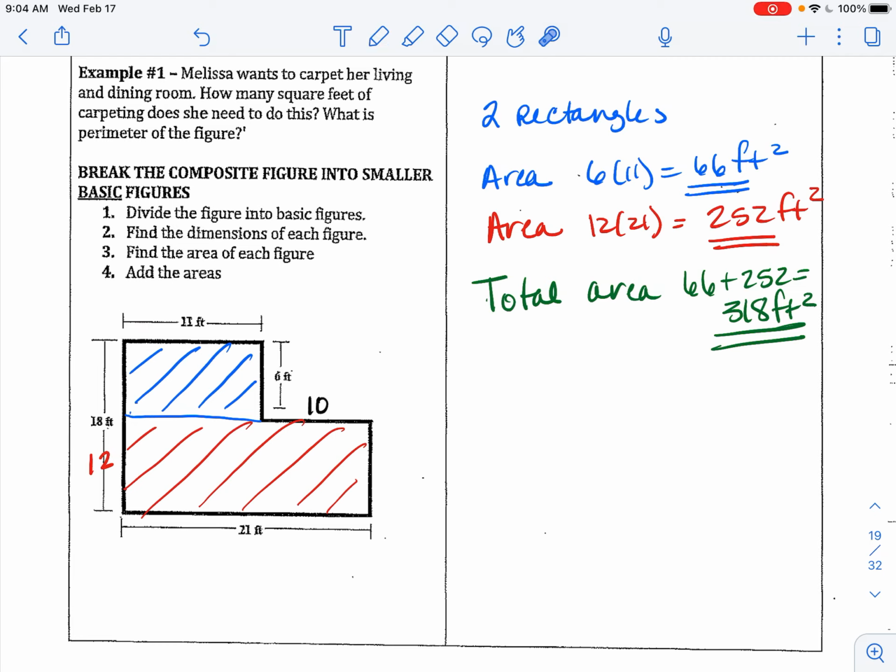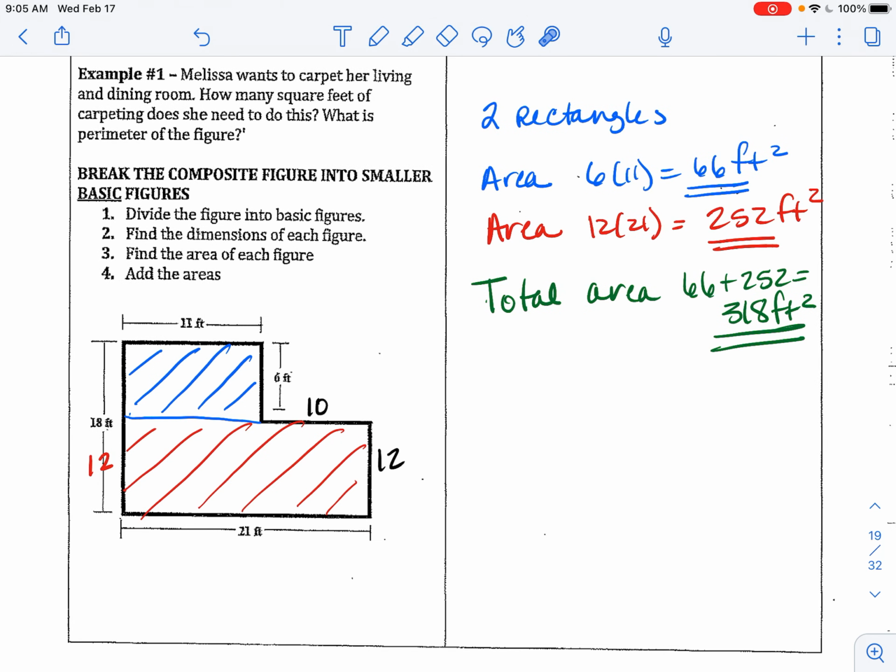The sum of these two will add to this. And we know that this side is 12 because it is opposite this 12 here. So let's just make sure we have every side covered. Okay, we've got 6, 10, 12, 21. This piece is 18 and 11. If we add those up, we'll have the perimeter.